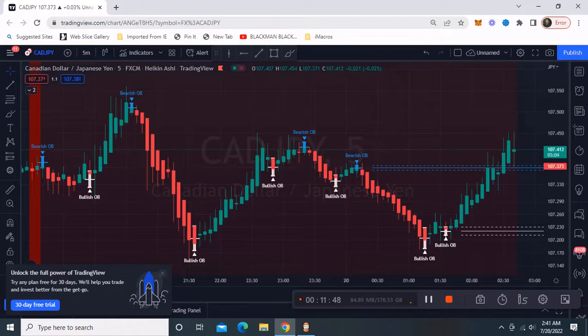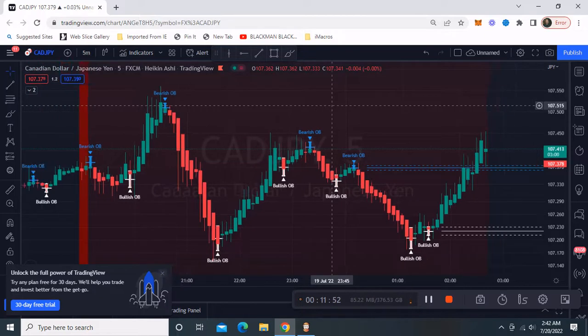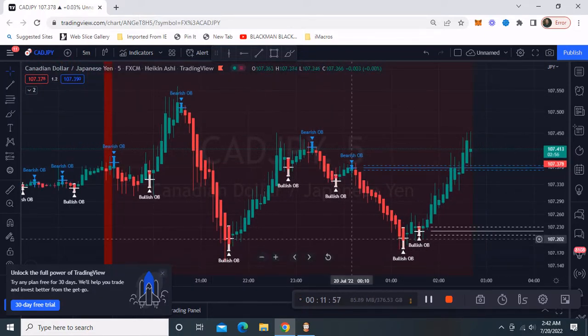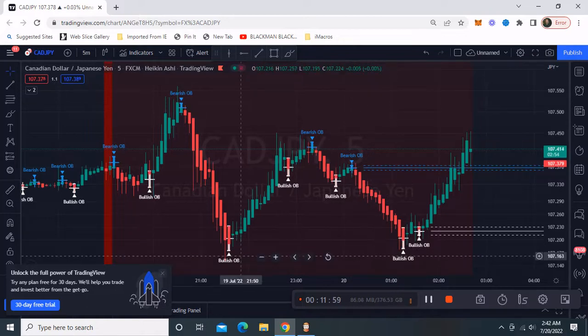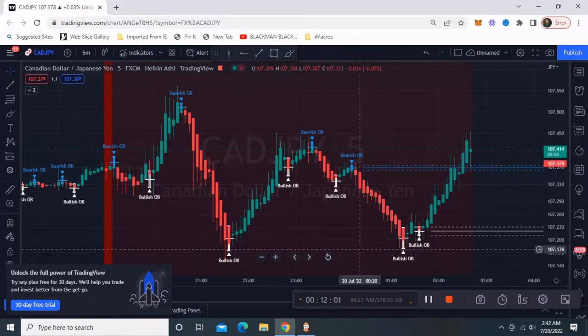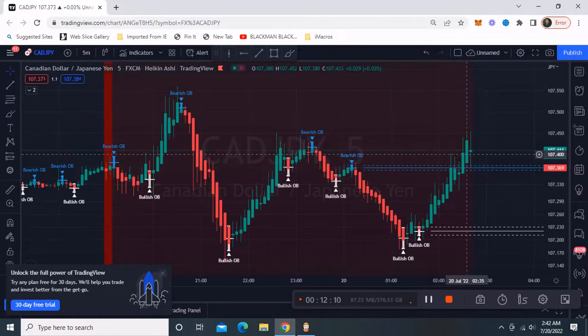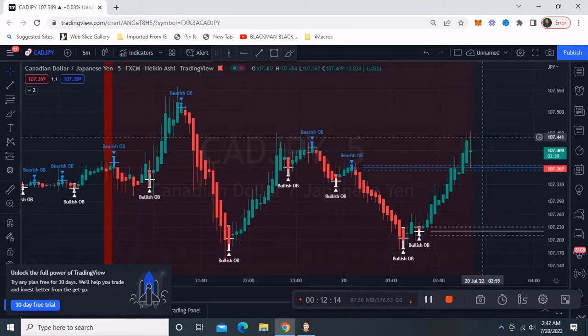But as you can see, this order block indicator is very powerful. You see here, it created a double bottom for you. You don't have to mark it off, it does it itself. It leveled out a little bit, and now it's taking back off. It may go up and keep going up, or it could drop back down.